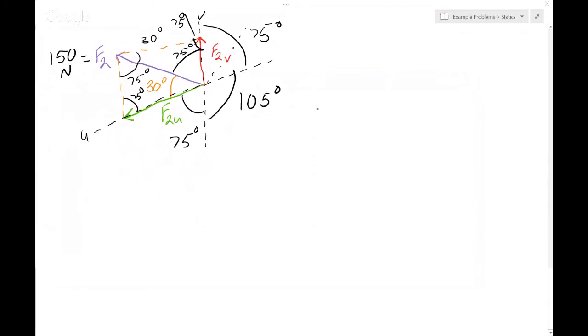So we can start with our force in the v direction, which is across from our 30 degrees here. So force in v direction divided by sine of 30 is equal to our force 2, which we know, divided by sine of 75, since force 2 is opposite of sine 75.